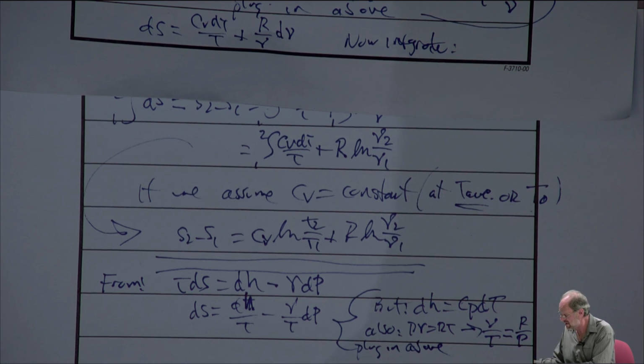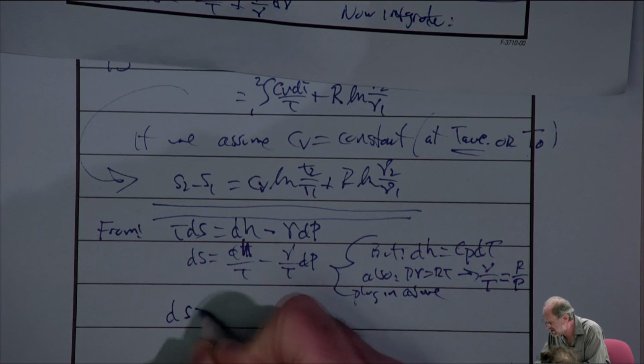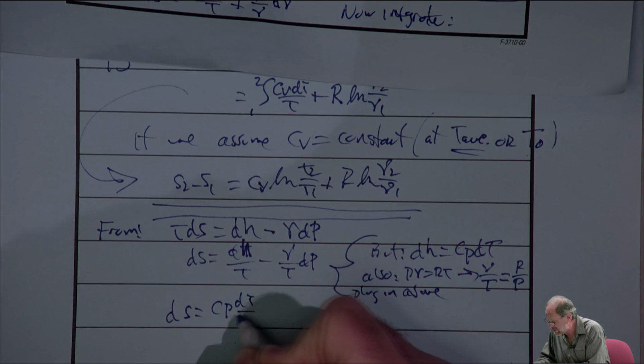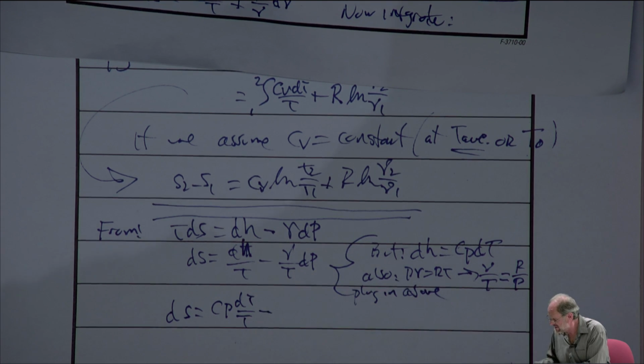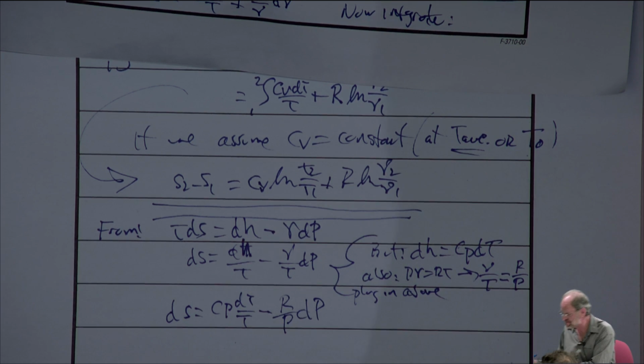So we plug those in above, and we get ds equals Cp dT over T, and then minus R over P dP.